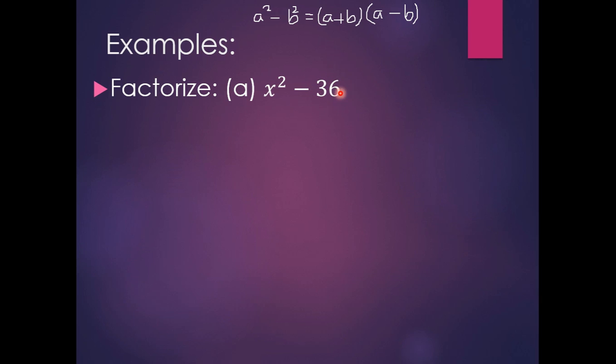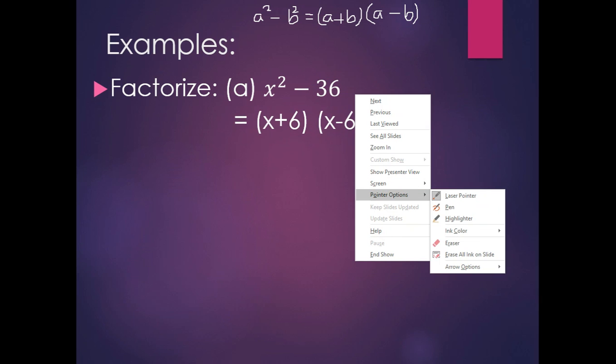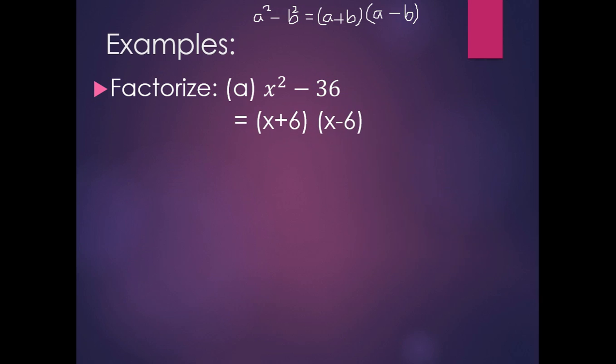We can use a calculator to find the square root, and we can write 36 as 6 whole square. So we can write this as x whole square minus 36, which means 6 whole square.